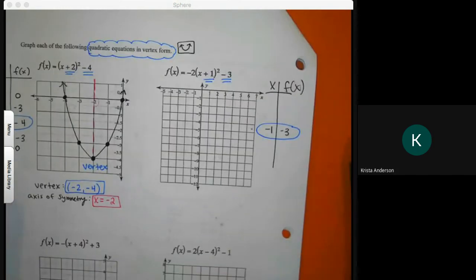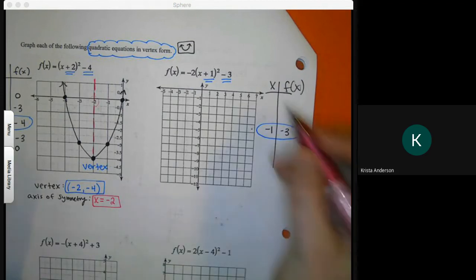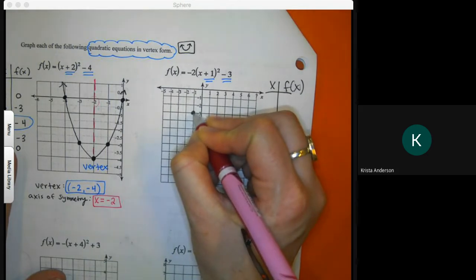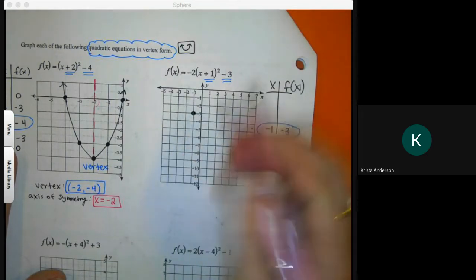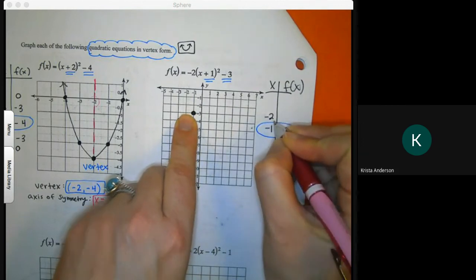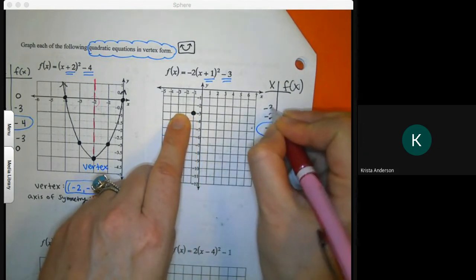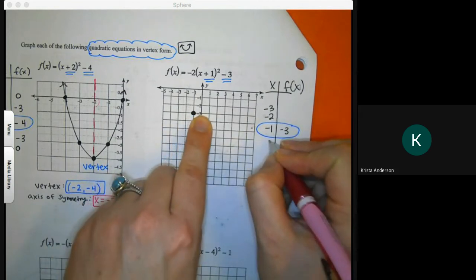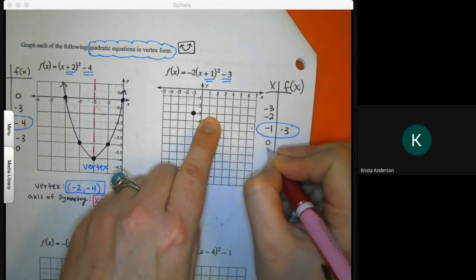I then have to fill in from this point, -1 down 3. From this point, I now have to go to the left and plug in a -2 and a -3. Then I go to the right and plug in a 0 and a 1.